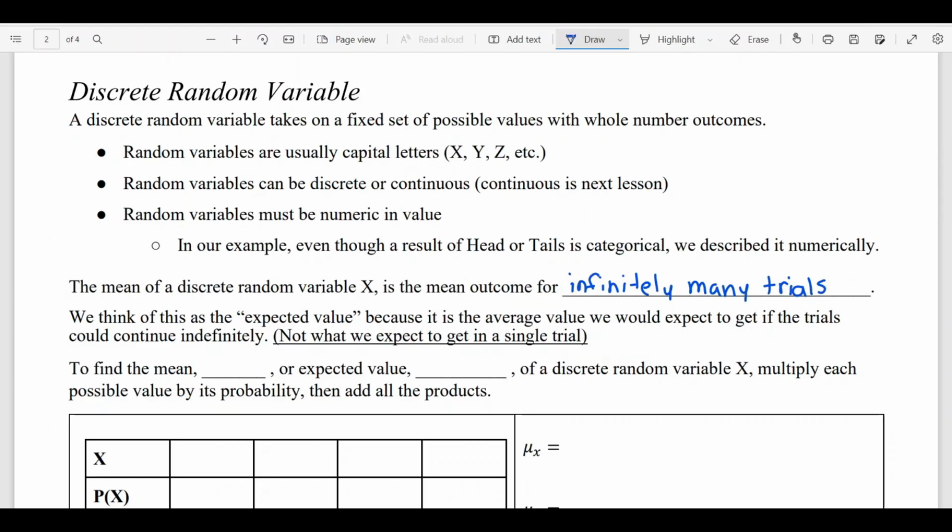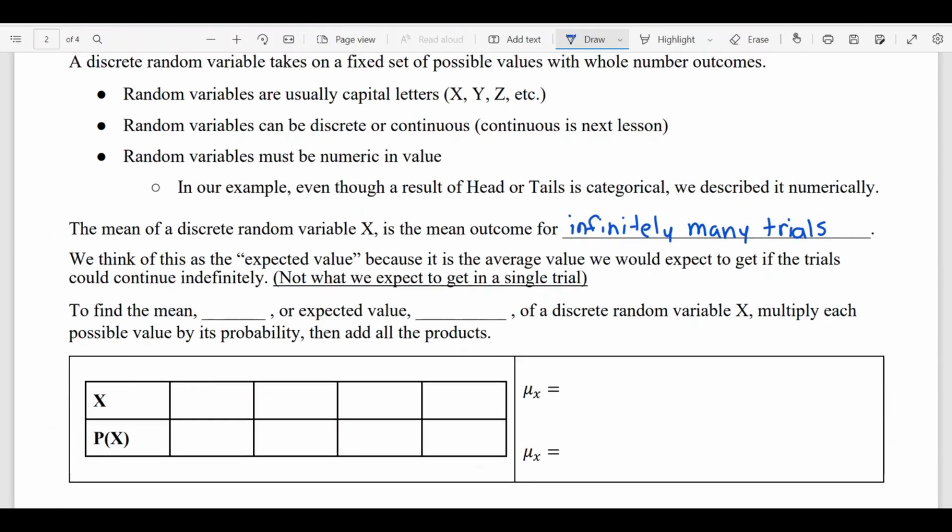Okay, an average value we would expect if the trials could continue indefinitely. It's not what we expect on a single trial. We're not going to interpret it that way. We don't expect this to happen on a single trial, but in infinitely many trials, this is the outcome we would expect. So I'm going to show you how to calculate it, and then we're going to apply it to a situation so you can actually see how we interpret it there.